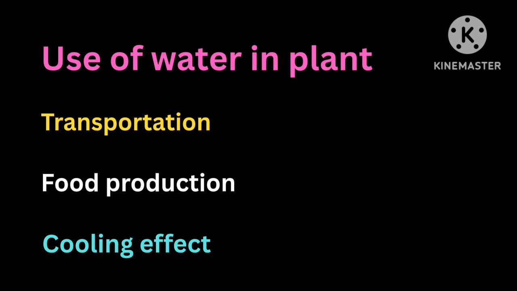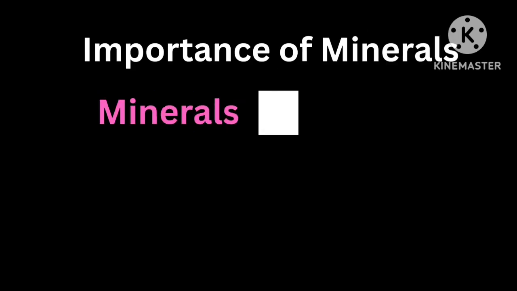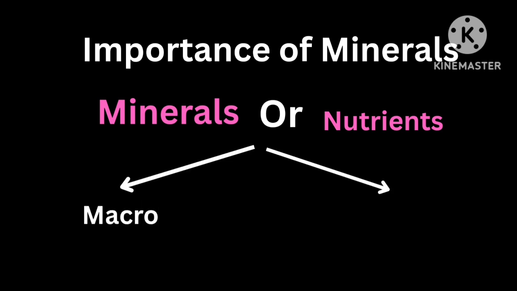Now, we will discuss the importance of minerals in the plant body. Minerals, nutrients or elements are essential for the plant to grow well and complete its life cycle properly. The nutrient elements can be divided into two.